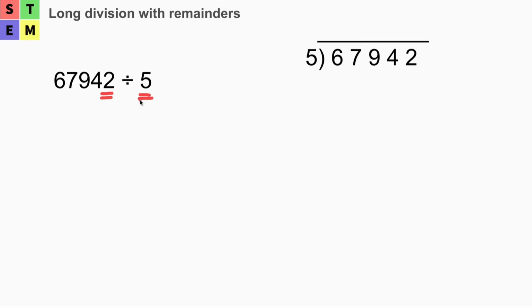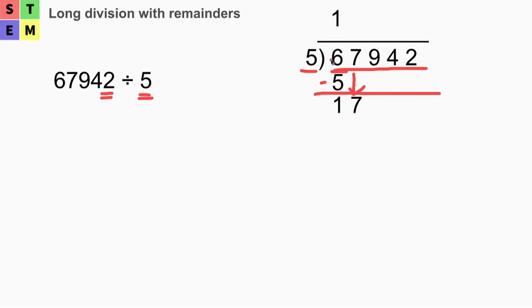Okay, so we have 67,942 there divided by 5. And how many 5s go into 6? Oh, there's 1. Okay, so we got 5 here. So 6 minus 5 equals 1, and 7 goes there.